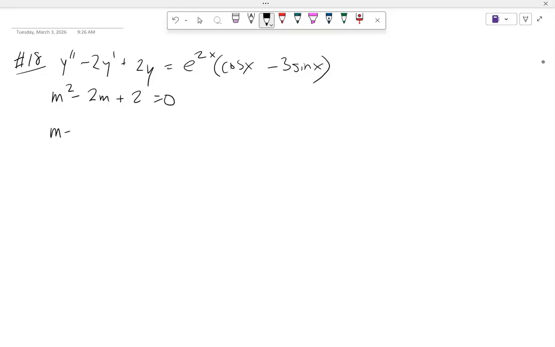We'll get 2 plus or minus the square root of 4 minus 8, all over 2. Looks like we're going to get a square root of negative 4 on the end, which is 2i. Then we can cancel 2's, and it looks like we'll get 1 plus or minus i, assuming I did my arithmetic correctly.